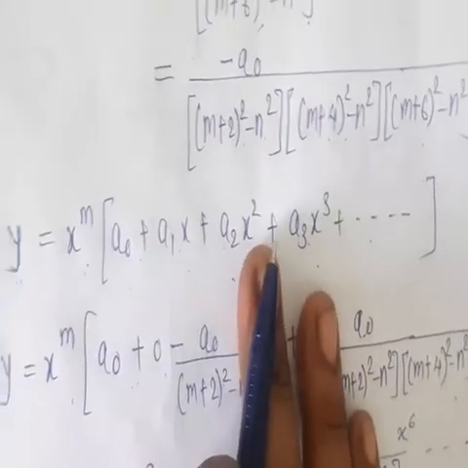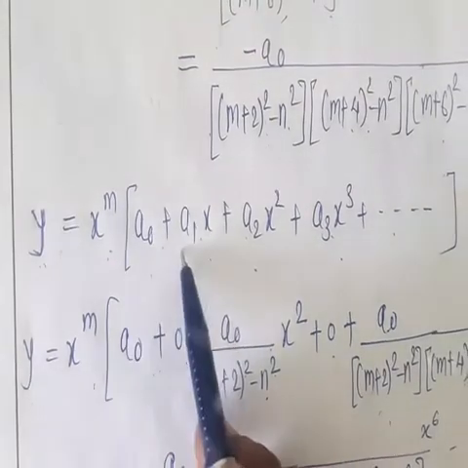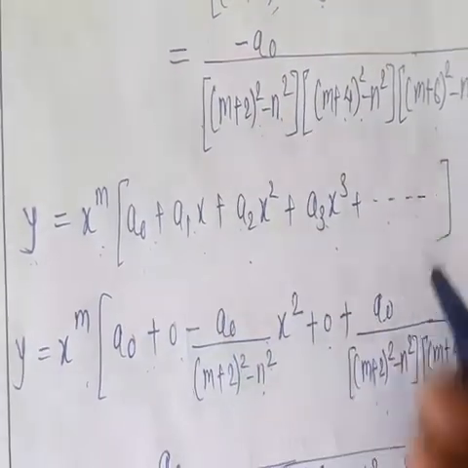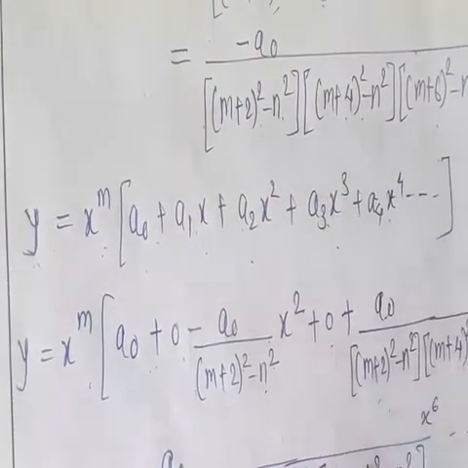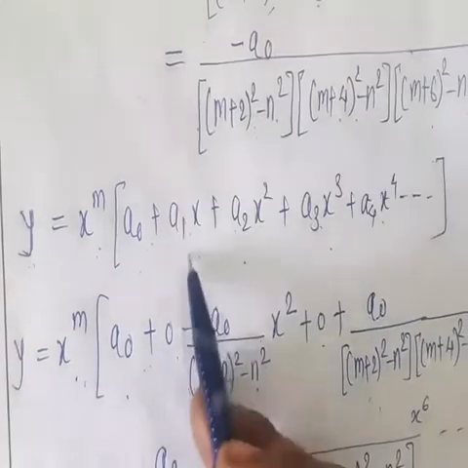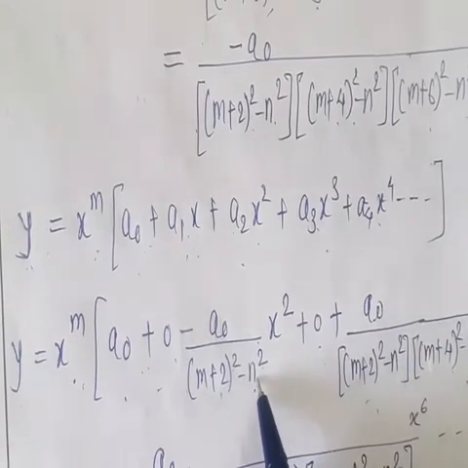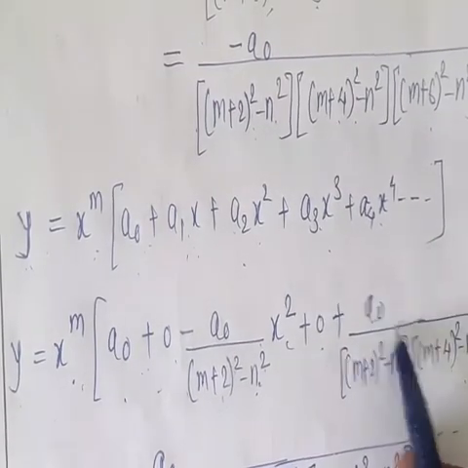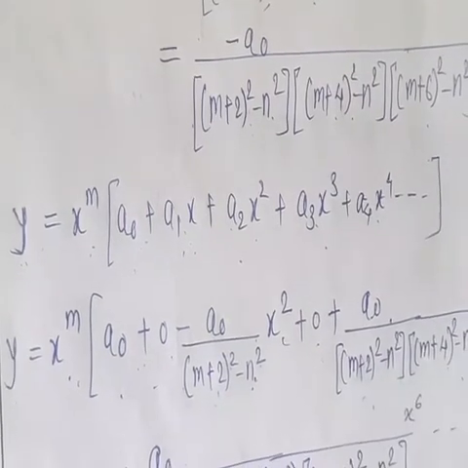Now the general solution of this differential equation is y is equal to x to the power m times (a0 plus a1 x plus a2 x square plus a3 x cube plus a4 x to the power 4 and so on). So y is equal to x to the power m, a0 as it is, a1 value is 0, a2 value is minus a0 by ((m plus 2) whole square minus n square) into x square. Then we substitute a3 as 0, and a4, a5 and a6.